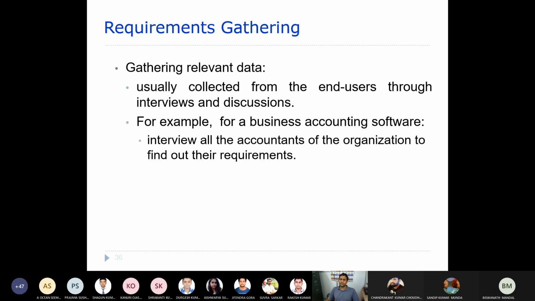By this way, you will be able to collect the data. Let's say there is an example of a business accounting software. Then the analyst will go and have discussions or interview all the accountants of that particular organization so as to find out the accurate requirements.